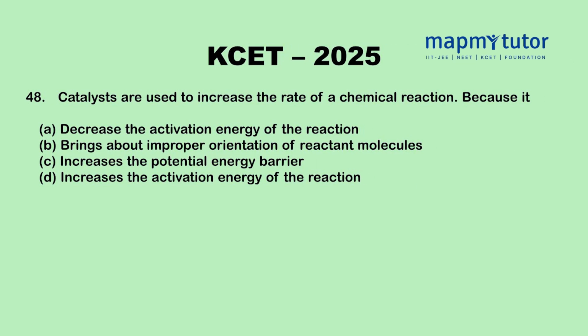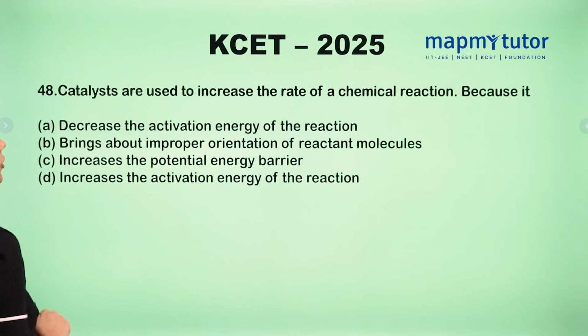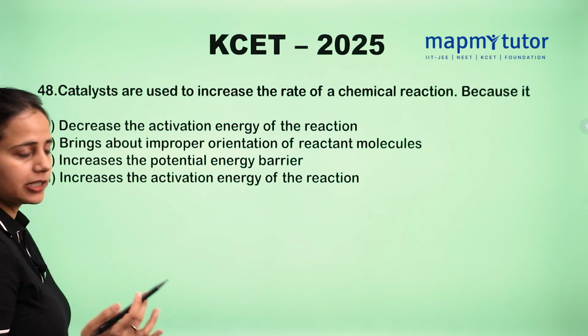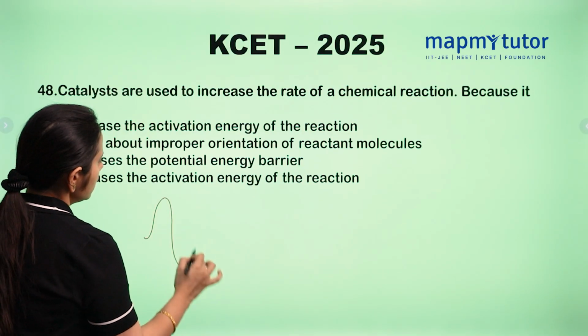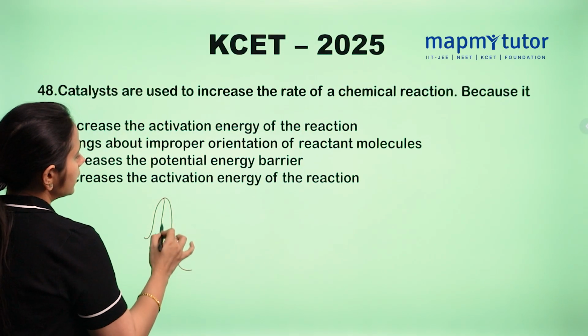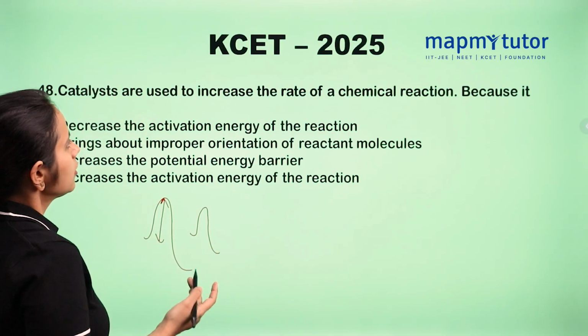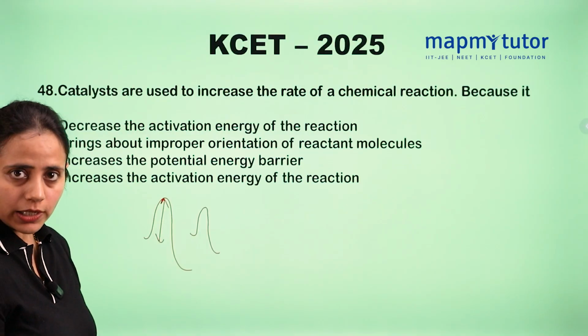Catalysts are used to increase the rate of a chemical reaction because it decreases the activation energy of the reaction. Yes, this is the only answer. If we add catalyst, the activation energy decreases, and then the rate of the chemical reaction will increase.